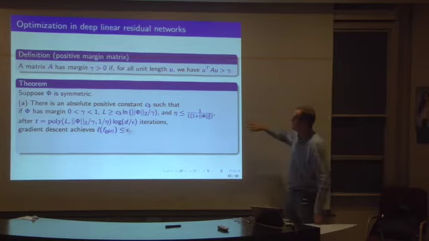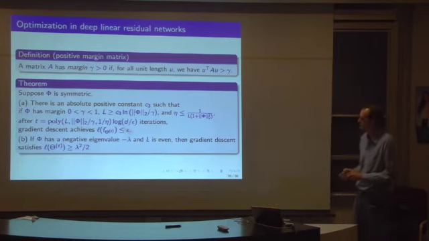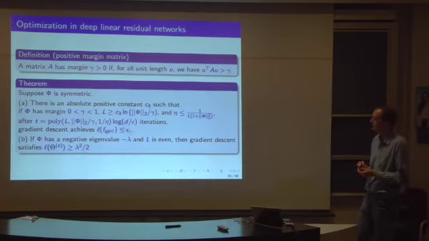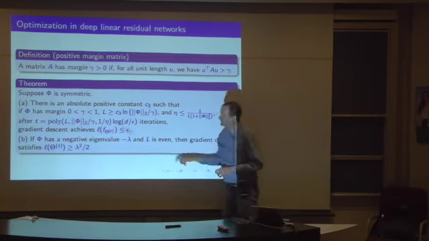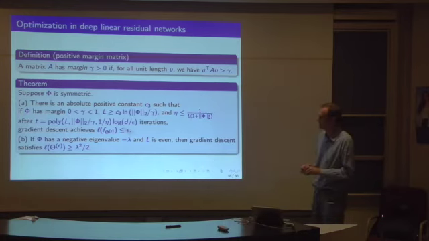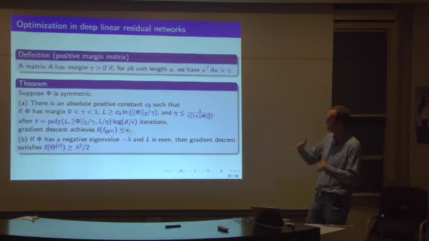Actually, if we consider the symmetric case and remove the positivity condition, say with just a single negative eigenvalue, and the depth is even, which makes the analysis a lot simpler, then gradient descent can never get to the optimum. So we're bounded away from the optimal value.